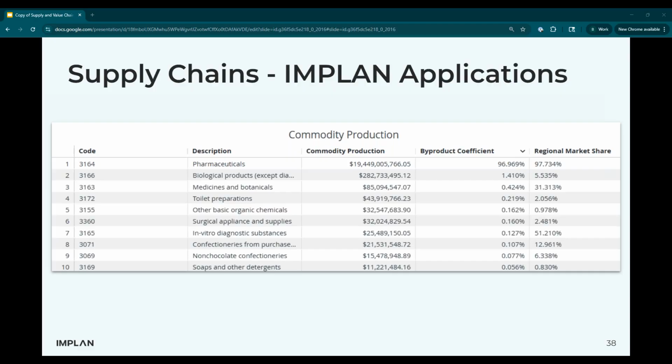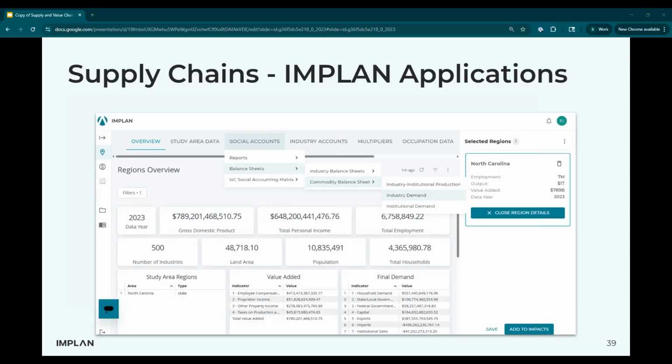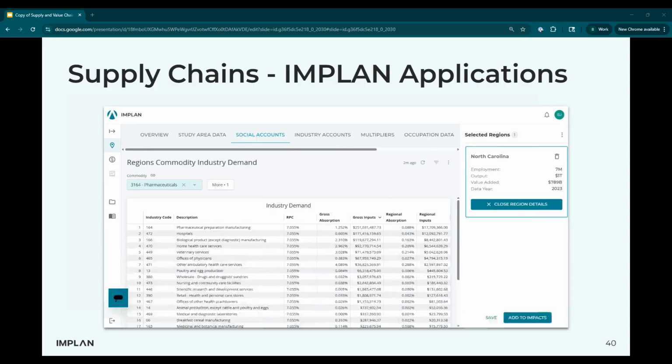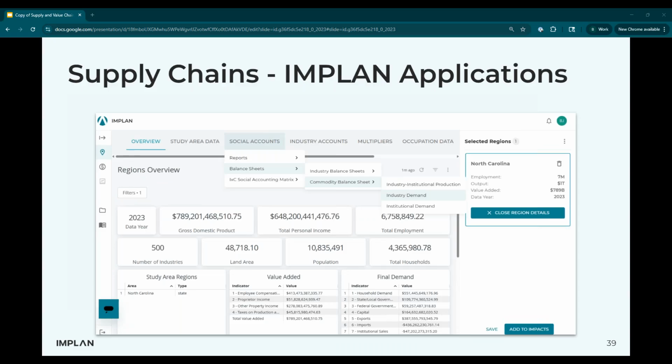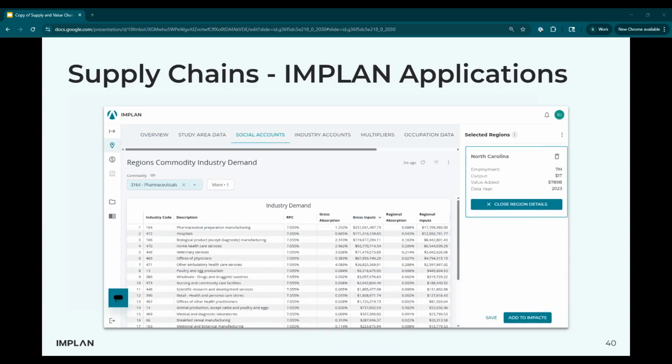shocks, effects, and tariffs. So the next question is, who uses pharmaceuticals produced in North Carolina, right? So if we're going to think about how the dollar values of pharmaceuticals are going to be affected by increased costs on their inputs, this is going to affect particular sectors, right? So we're going to look at commodity balance sheets, industry demand. Who demands pharmaceuticals, right?